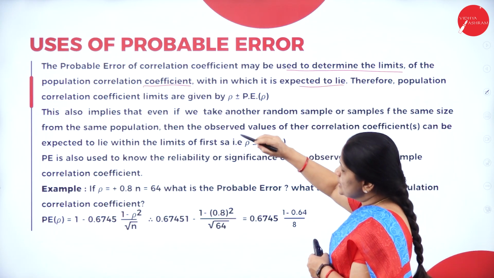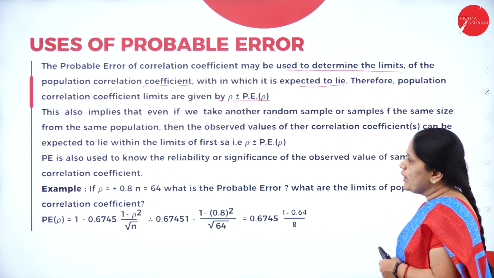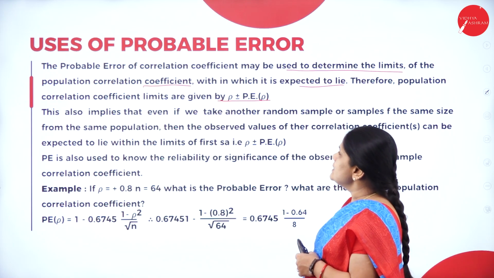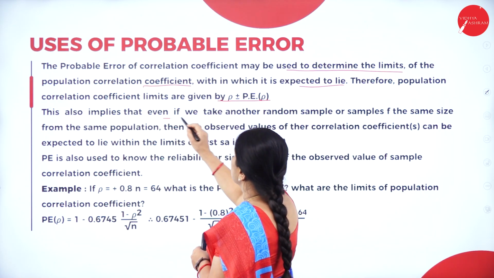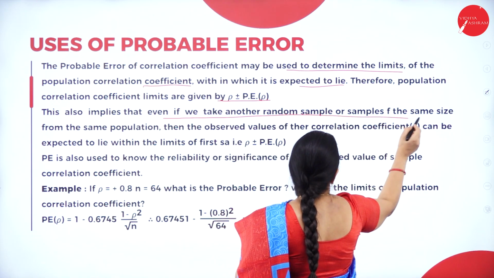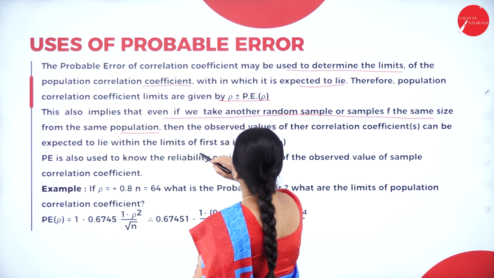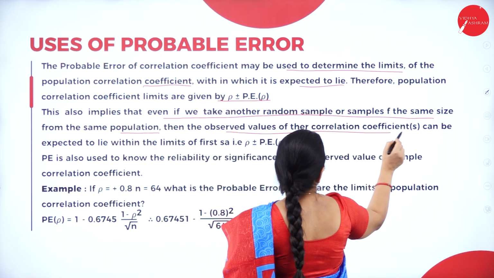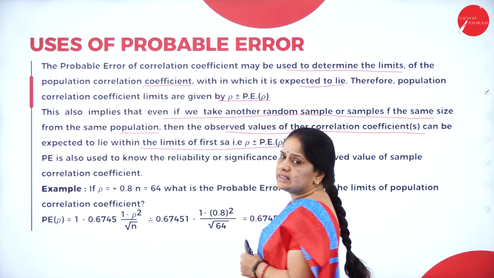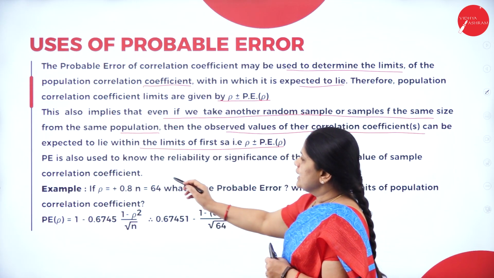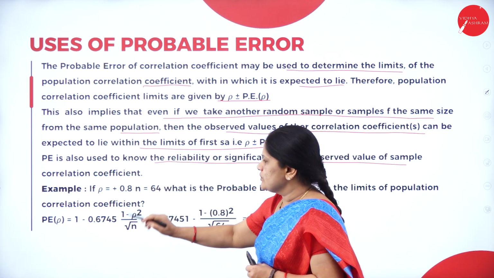Therefore, the population correlation coefficient limits are given by rho plus or minus the PE value. It also implies that even if we take another random sample of the same size from the same population, the observed values of the correlation coefficients are expected to lie within the limits. So, PE is used to know the reliability or significance of the observed values.